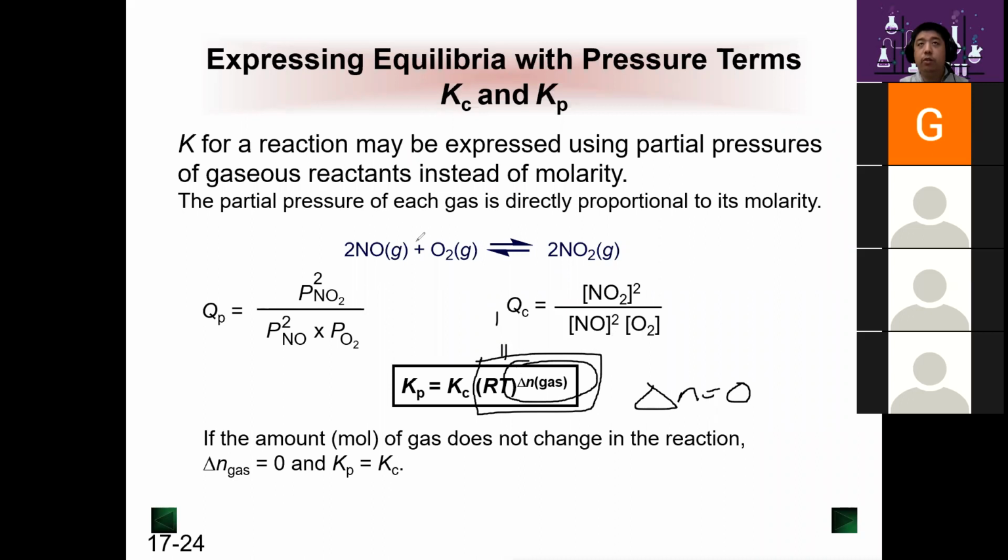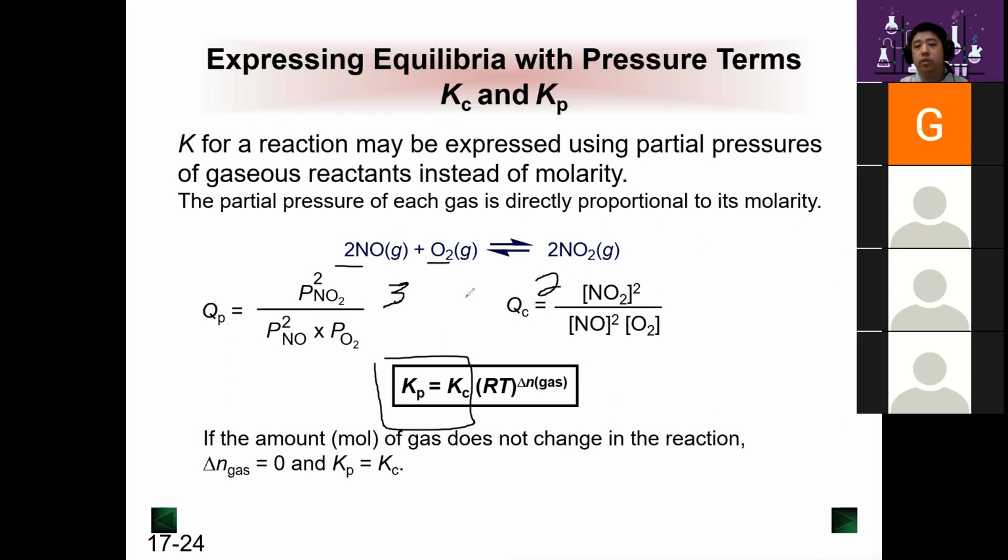So if there is no change in the moles of gas from the left side to the right side or vice versa, then Kc and Kp are equal to each other. You always want to find a scenario where that is the case. Sometimes it's not. In this case, you have 3 in total here, and here you have 2. So that does not match, and your delta n here is actually going to be -1. Any questions so far?